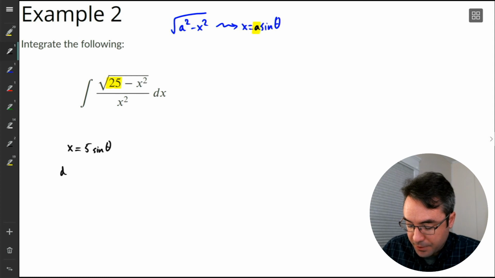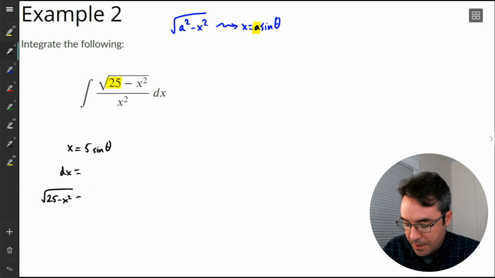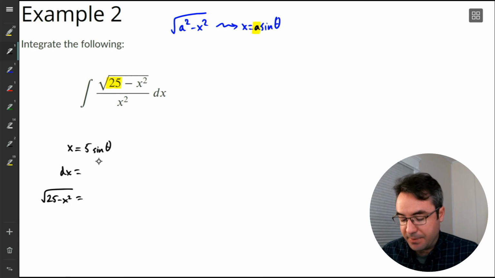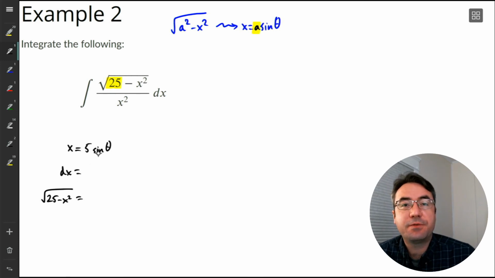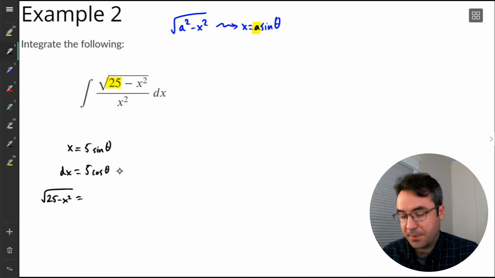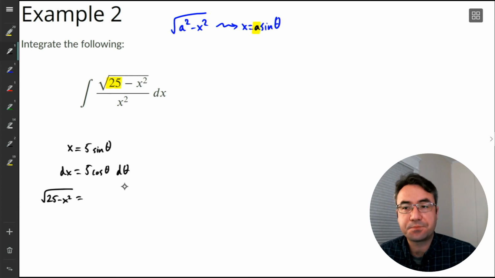Then there's two other ingredients that we can calculate right away. That's our differential dx, and then the square root term. So what's dx going to be? Well, just the derivative of 5 times sine, so that's going to be 5 times cosine theta, and then we multiply by d theta.